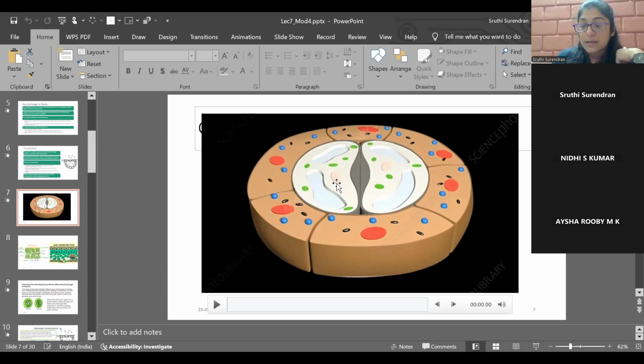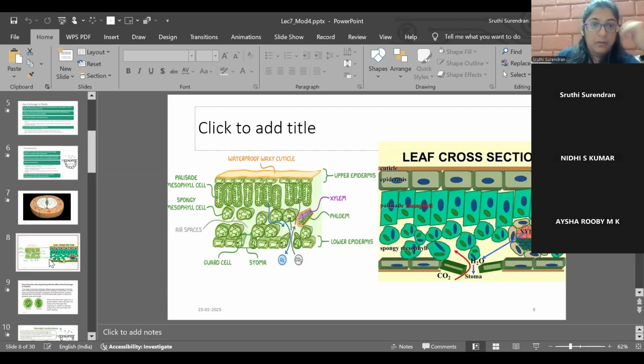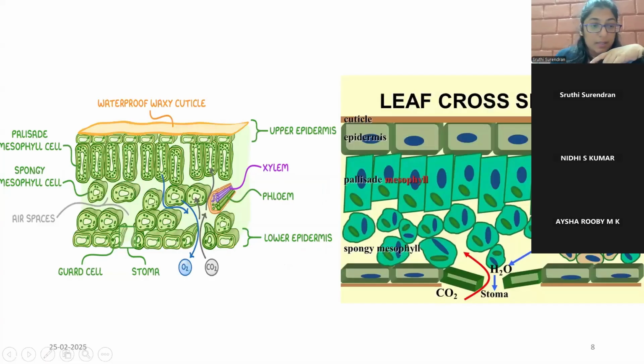It is one of the major processes governing the opening and closing of the stomata. Now, like I said, through the stomata, carbon dioxide is going to enter. It is going to circulate within the regions of the mesophyll cells, and then water from the vascular bundle is going to exit through the stomata.